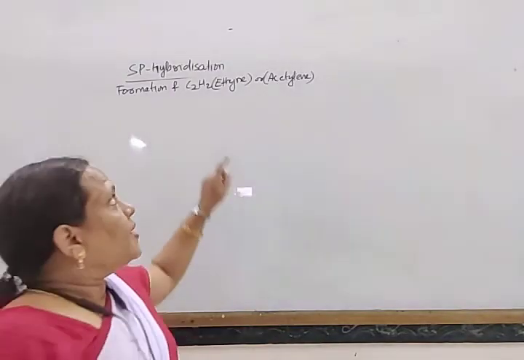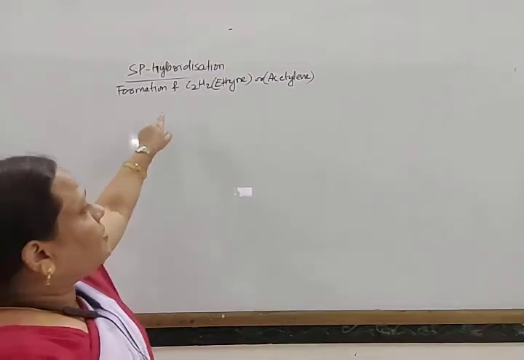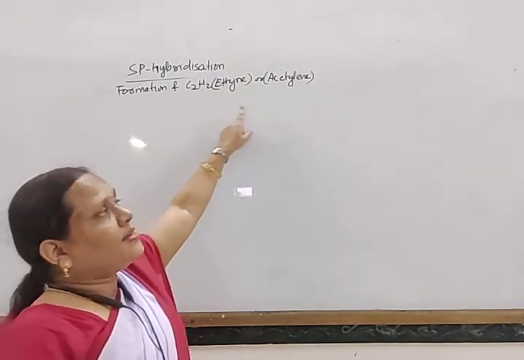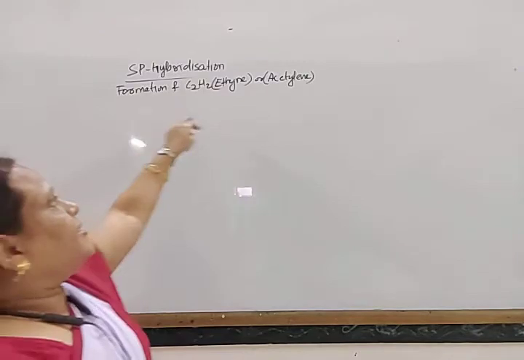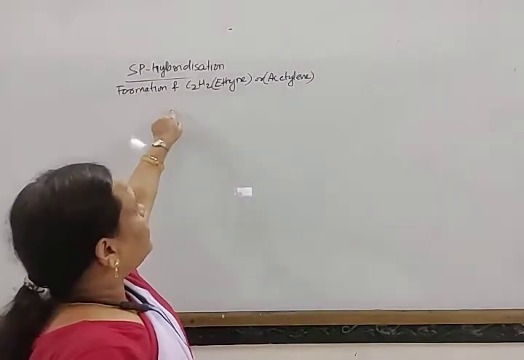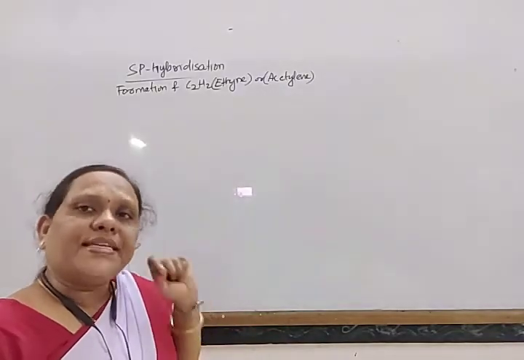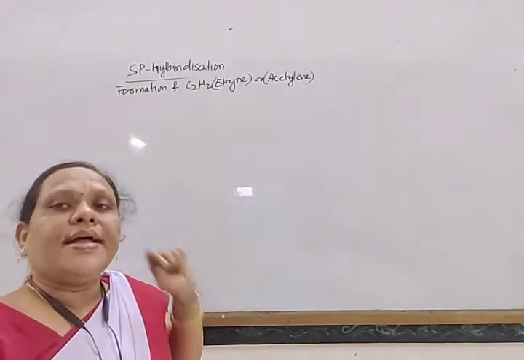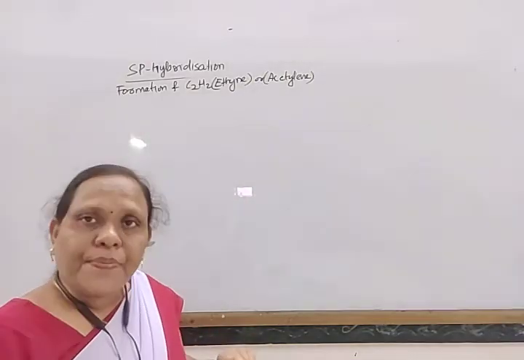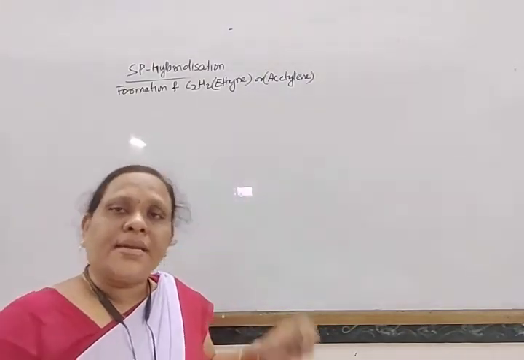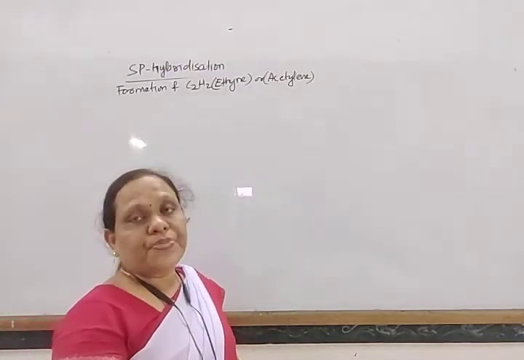So next we come to the formation of ethylene or acetylene. Ethylene is ethene and acetylene is ethyne, C2H2. Here each carbon atom is sp hybridized, and the sp hybrid orbital of one carbon atom overlaps with the sp hybrid orbital of another carbon atom to form an sp-sp sigma bond.